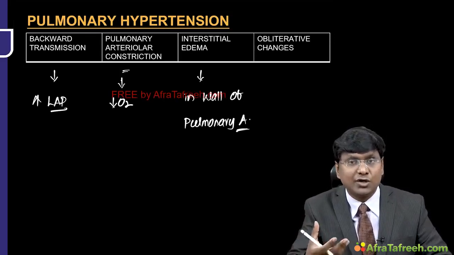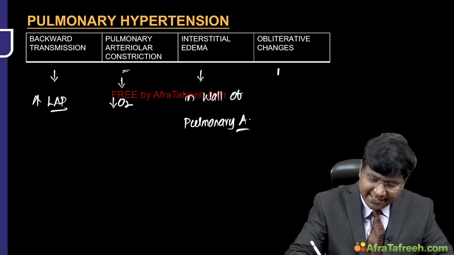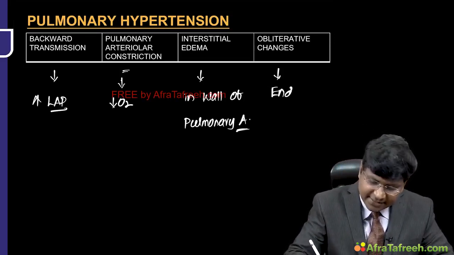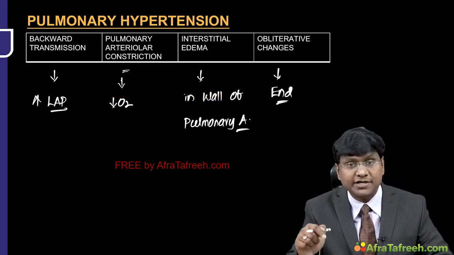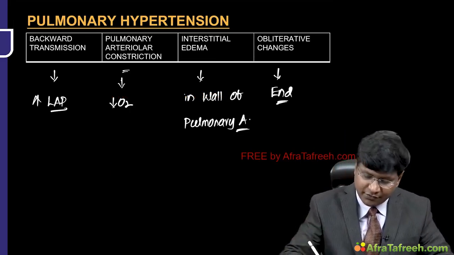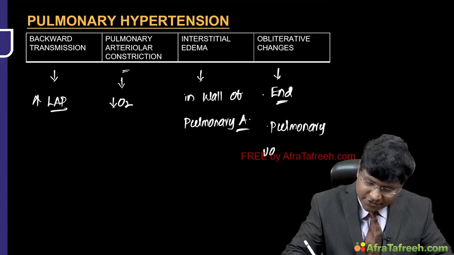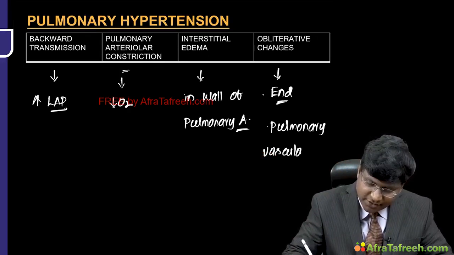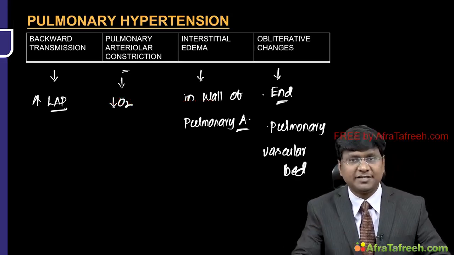The vascular lumen decreases, and that will cause an increase in the pulmonary artery pressure. And at the end, the other important pathophysiology for the development of pulmonary hypertension is the obstructive changes. At the end stage, there will be organic obstructive changes within the pulmonary vascular bed. So this is about the mechanism for the development of pulmonary hypertension.